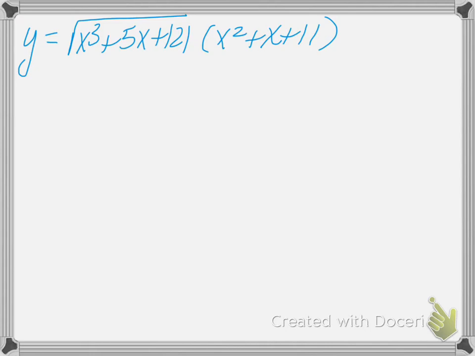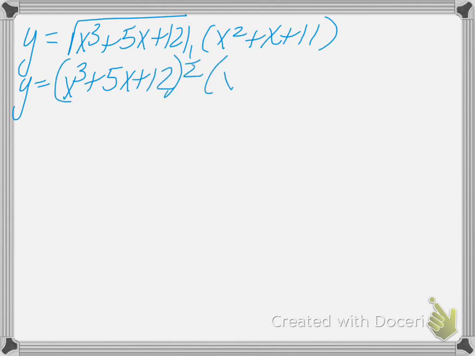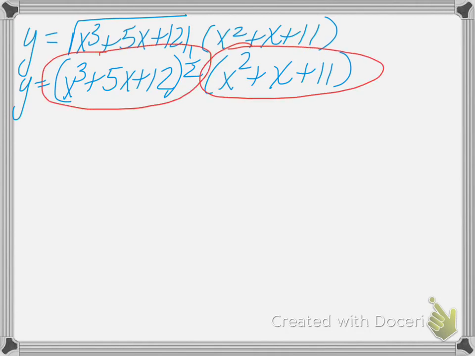Okay, so this is number 7. This is going to require a product rule, but we're just going to change the form a little bit first. So just keep in mind that it's going to be this times that.